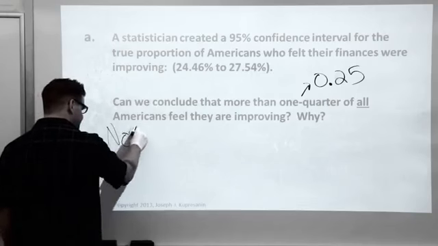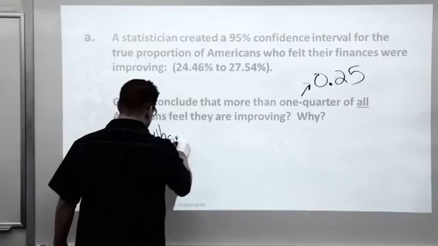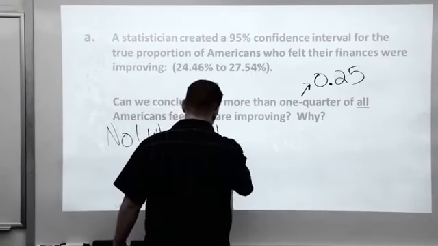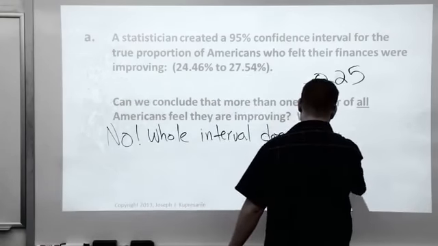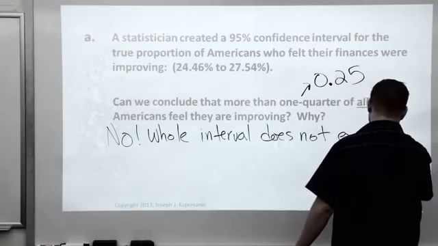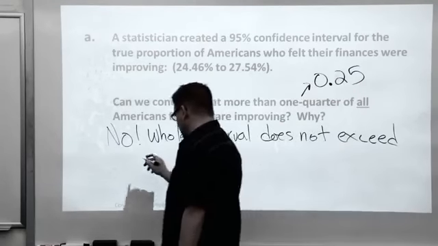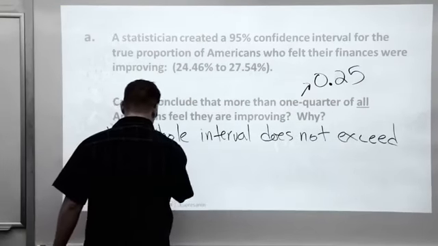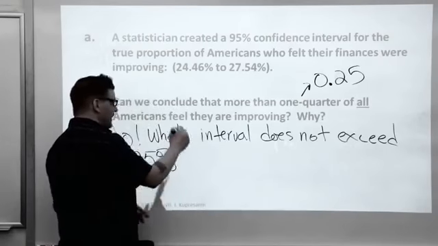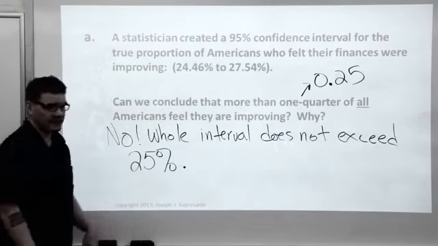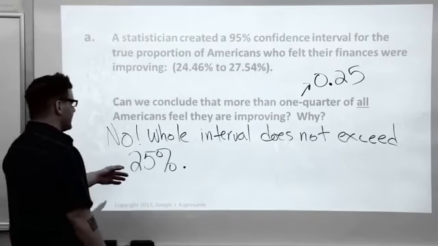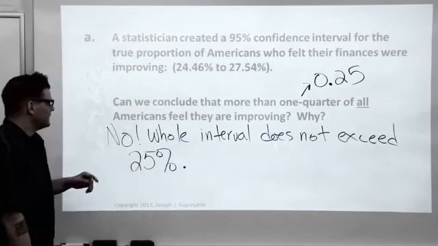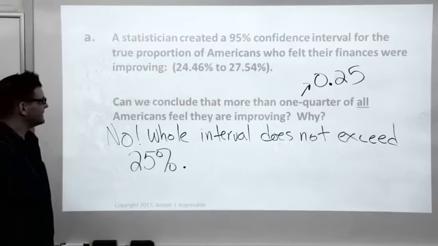The answer is no. Those are plausible values for the whole country of adults who think that their finances are improving. And so we're just looking, is it in or out? Can we conclude? No, we can't.